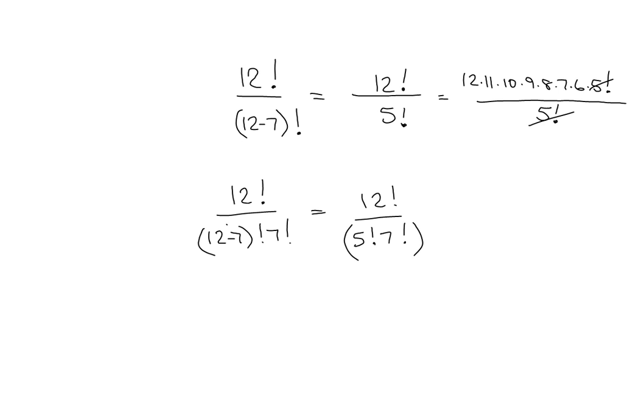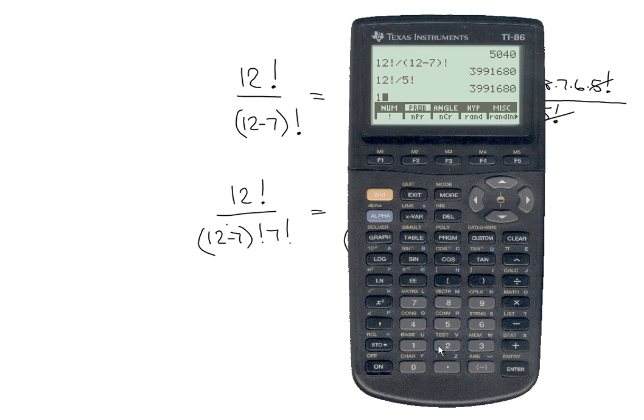Around the denominator, right? So I'm going to have to do it as 12 factorial divided by parentheses 5 factorial times 7 factorial. Now it'll give me the right answer. But if I don't use those parentheses, it's going to do the division first and then take the answer and multiply it by 7 factorial.